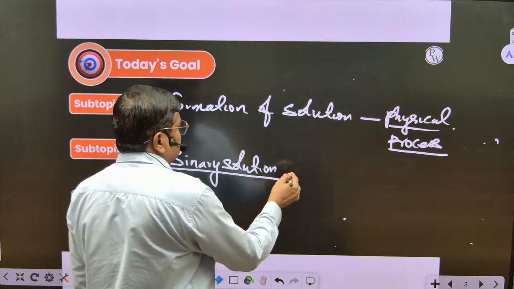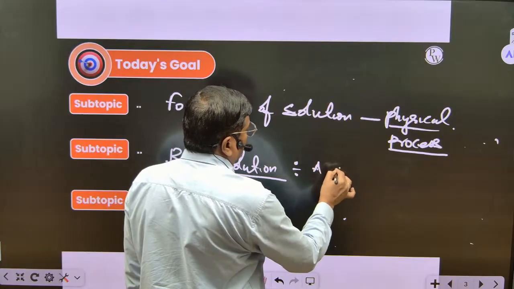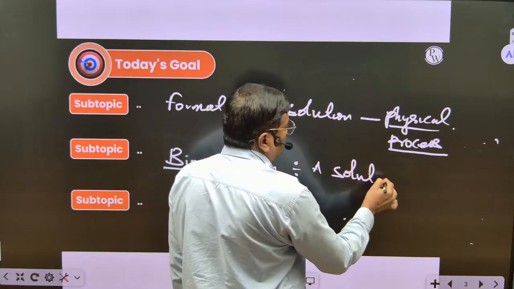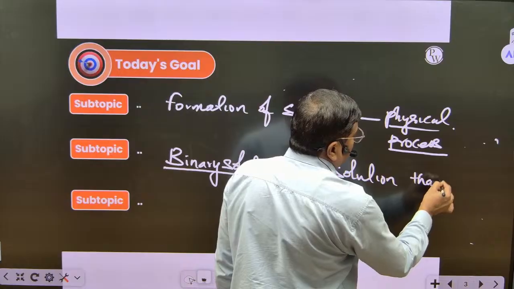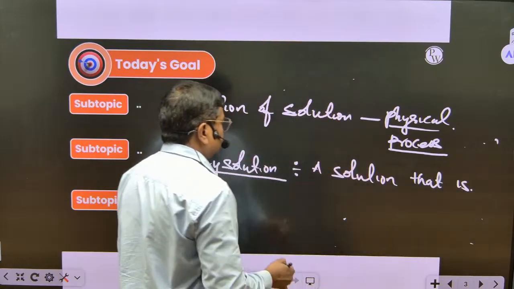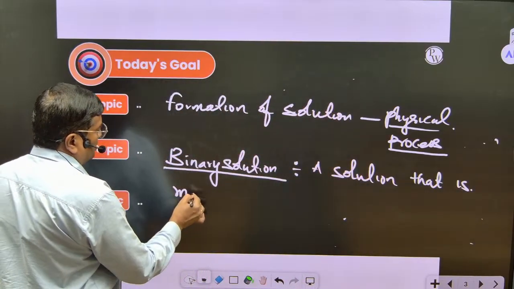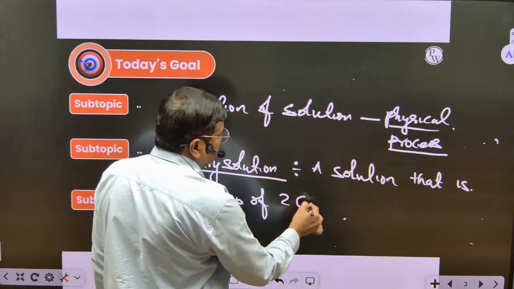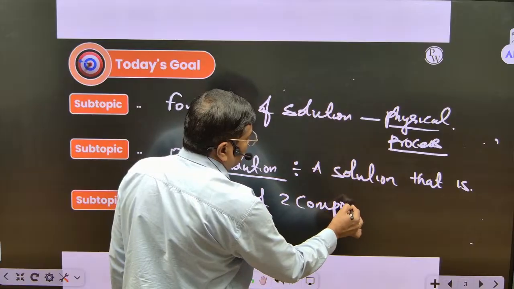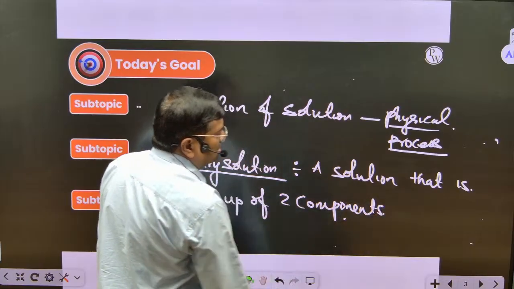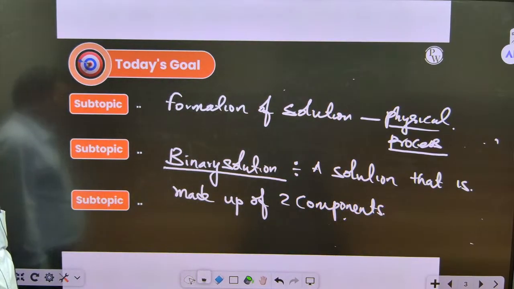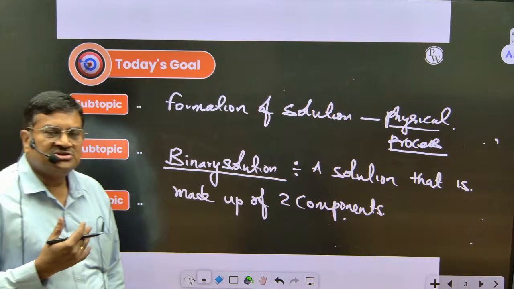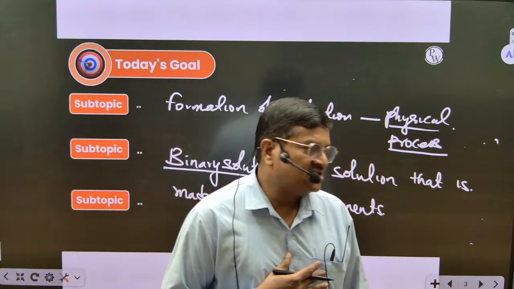Right, a solution that is made up of two components. Getting idea what I am saying? So a solution that is having two components, solute and solvent, is called binary solution.